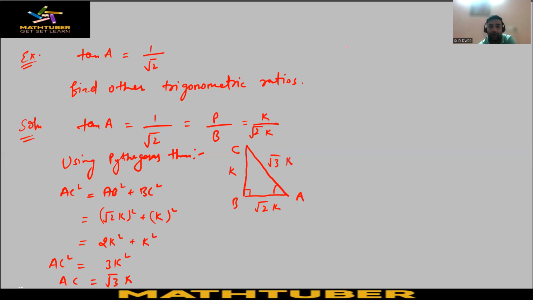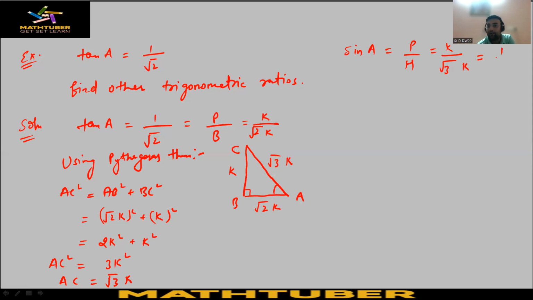Now we have to find out the values of other trigonometric ratios according to the formulas. So sin A is always perpendicular upon hypotenuse, which we know. So perpendicular is K, and hypotenuse is root 3K.